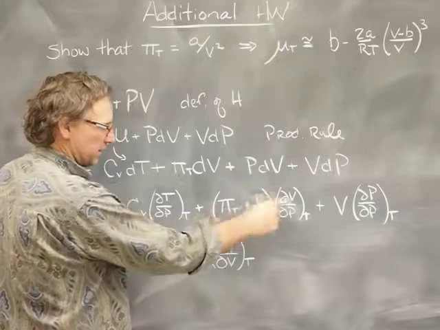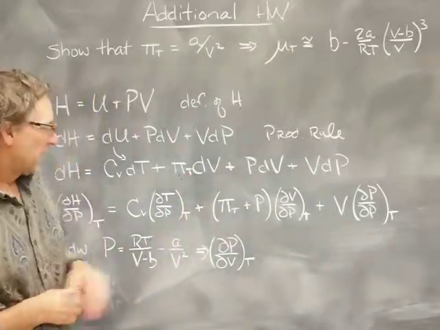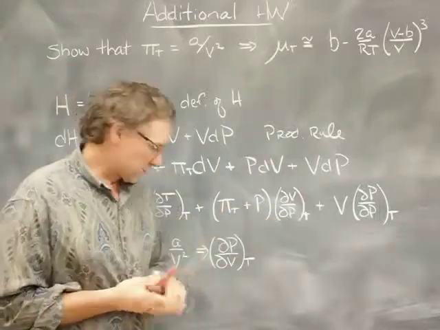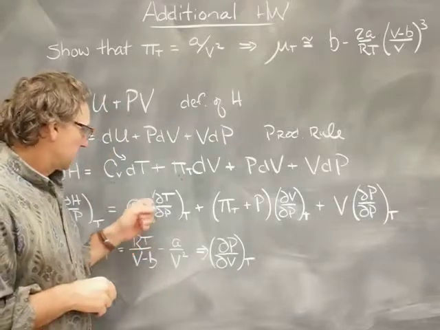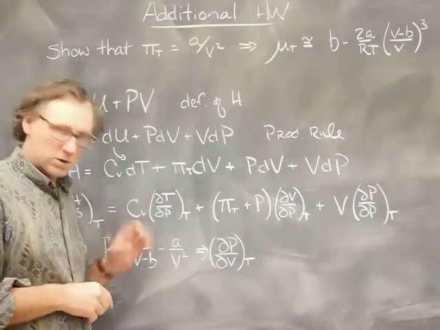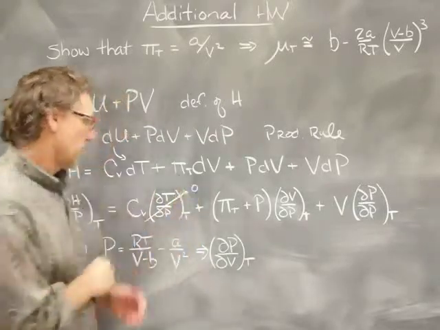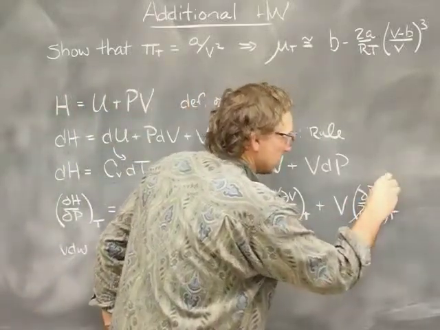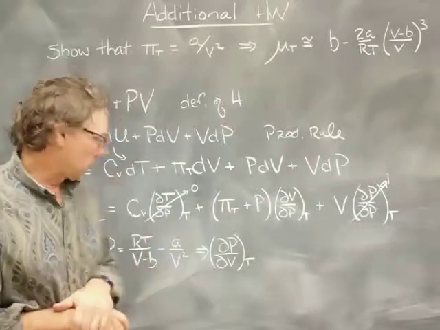That's a dV and a dV, so I've collected the pi sub t and the pressure term, all multiplied by (∂V/∂P)_T. The derivative of temperature with respect to pressure, when we keep the temperature constant, is of course 0, and (∂P/∂P)_T, that term right there, is 1. So we have that term times (∂V/∂P)_T plus the volume.